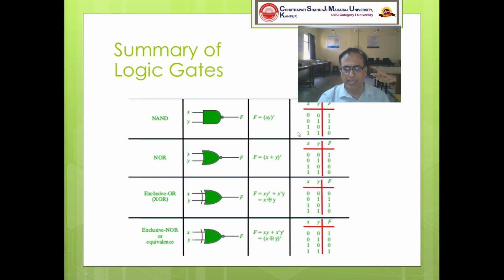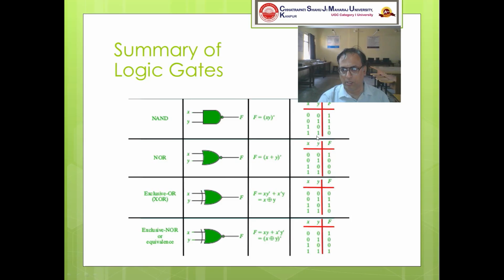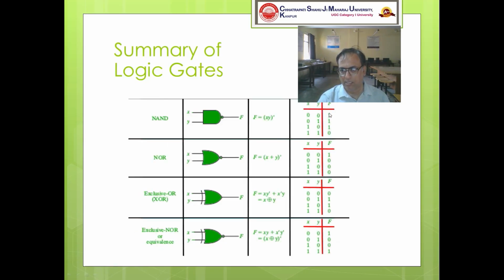You can easily see that this is the complement of the previous truth table. The AND truth table is 0, 0, 0, 1, and this is 1, 1, 1, 0. It's simply the complement of the AND gate truth table. Similarly, NOR is simply a bubbled OR, whose Boolean expression is given as f equals x plus y, whole bar, or it can be written as complement like this.